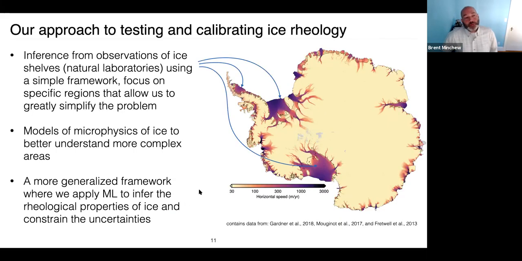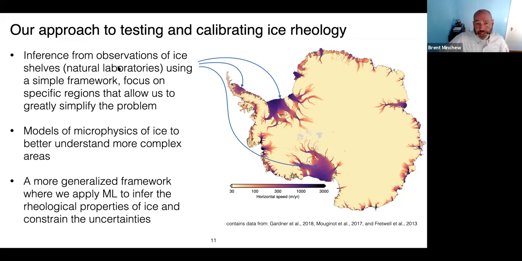So we'll talk a little bit more now, going forward, about our approach to testing and calibrating the rheology of the ice. But in a nutshell, what we're going to do is build on these classic studies like the one from Jezek that we saw in the plot on the previous slide, and use modern observations to try to advance the calibration that we have and our understanding of the creep mechanisms that are at play in natural glacier ice.